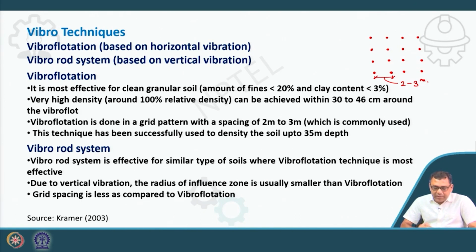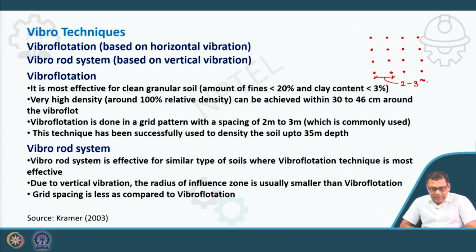Clear? Now the vibro rod system, where we can provide vertical vibration. The vibro rod system is effective for similar types of soil where vibro flotation is most effective. But due to the vertical vibration, the radius of the zone of influence is usually smaller in the vibro rod system as compared to vibro flotation.